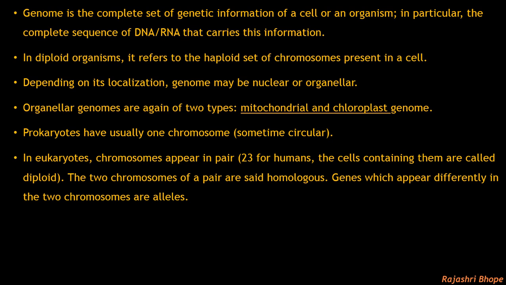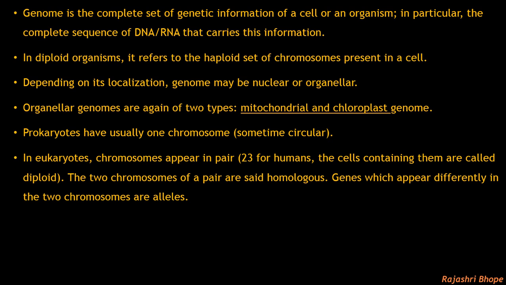The two chromosomes of a pair are said to be homologous chromosomes. Homologous since their height and characteristics match with one another, and each homologous pair consists of two chromosomes, one from the mother and one from the father.